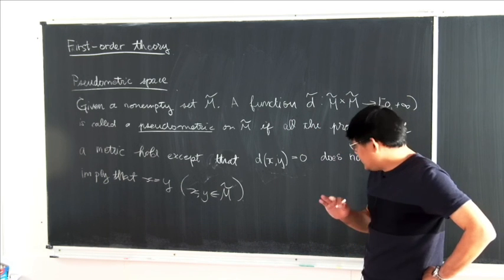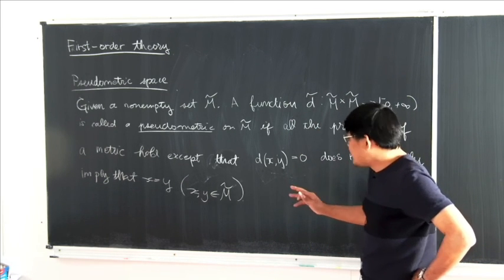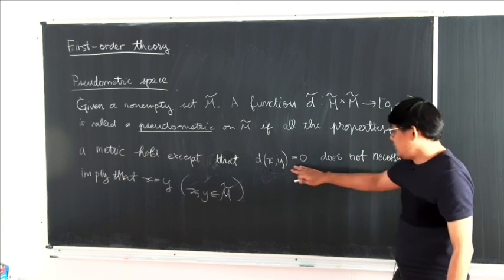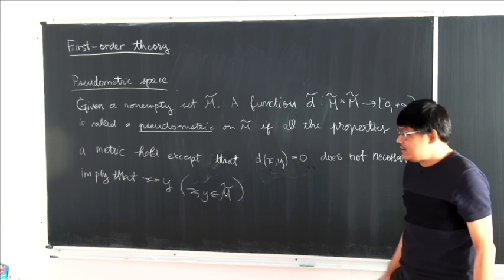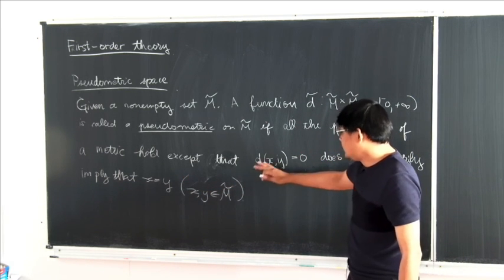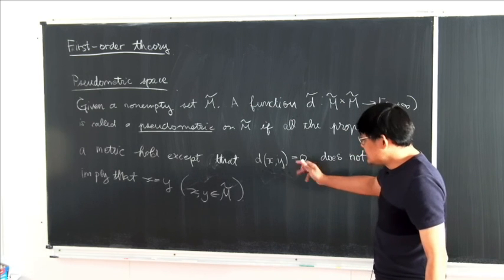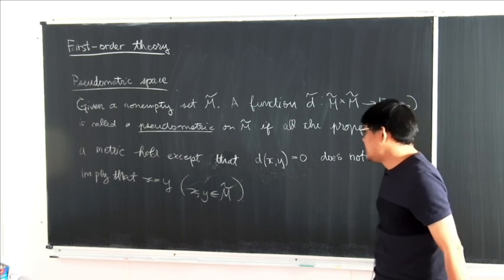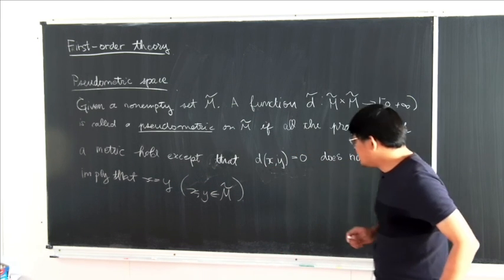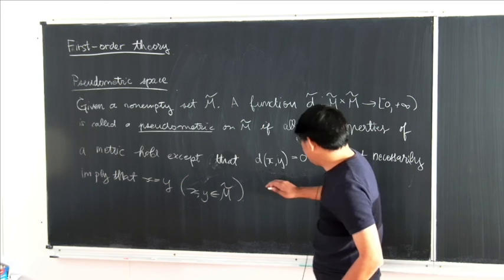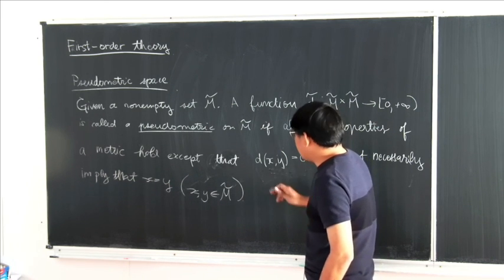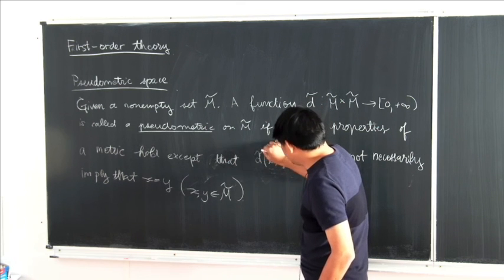In a metric space, if the distance between two points is 0, then you can simply say that x and y are identical. But in this case, no. If d tilde satisfies all the metric conditions except for this one, you call it a pseudometric. Sorry, this has to be d tilde.